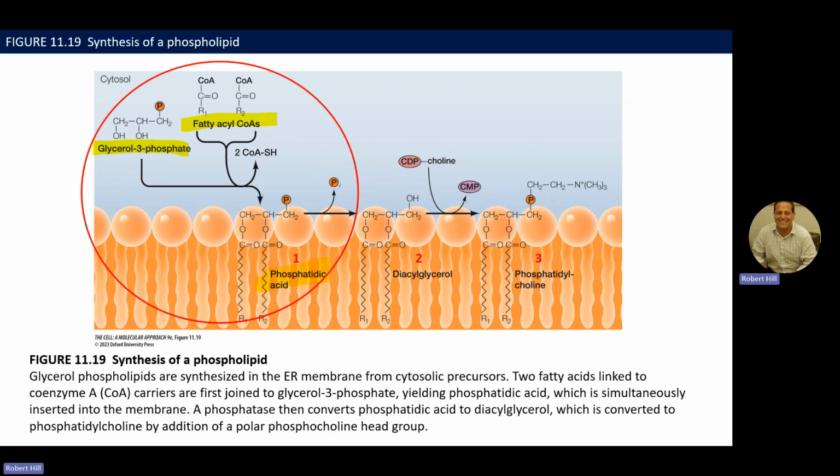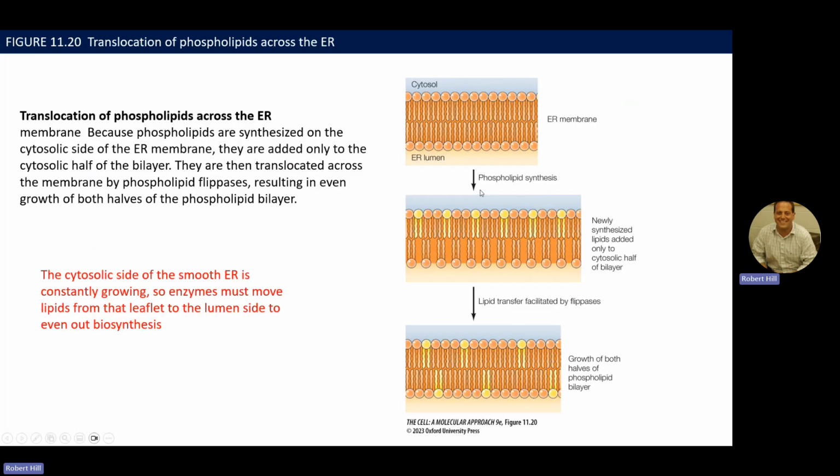That includes G3-phosphate and acyl coenzyme A's. Okay, so those basically get synthesized together to produce phosphatidic acid, and then phosphatidic acid can be processed to produce any of those different phospholipids that we learned about back in chapter 2. There was a figure that showed like 8 different phospholipids. There's just different chemical modifications that can produce those.